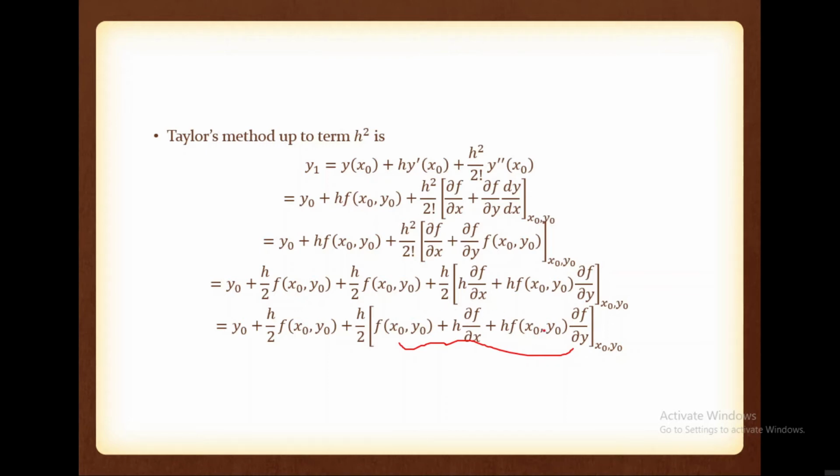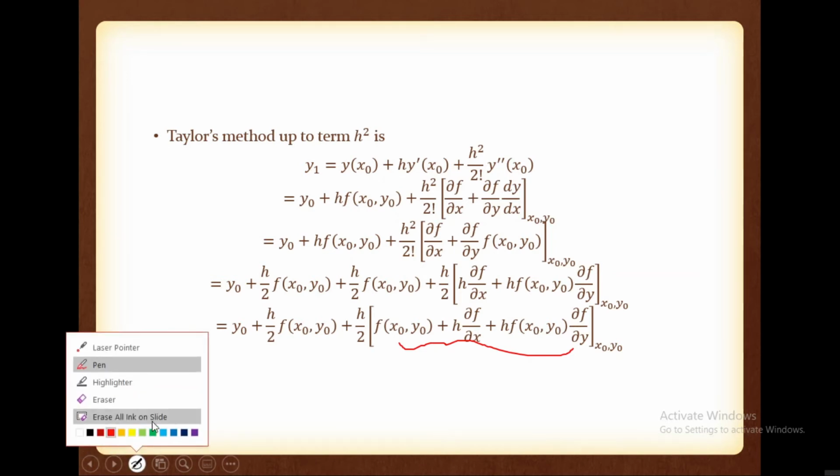Now what about this one? Here you can see that dou f by dou y, means differentiation with respect to y, then its product, this is the extension of y, so this is y0 plus h into f of x0 comma y0.